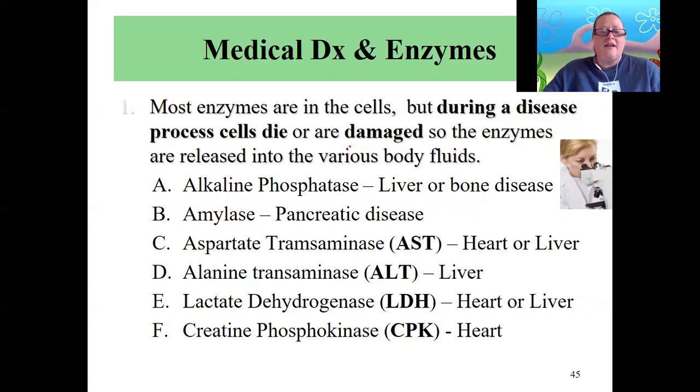So here are some enzymes that can be measured in body fluid tests that can be indicative of disease or specific health problems. So we're looking at the alkaline phosphatase can be used to diagnose liver and bone disease. We have pancreatic disease being diagnosed using enzymes, heart and liver problems. The next slide, I'm going to talk specifically about this lactate dehydrogenase and how it can be used to indicate whether a heart attack has occurred.